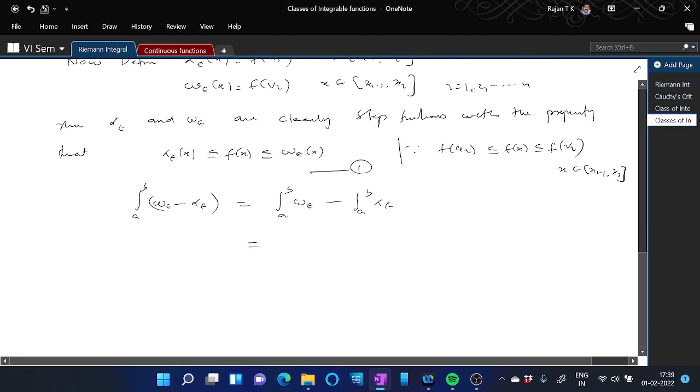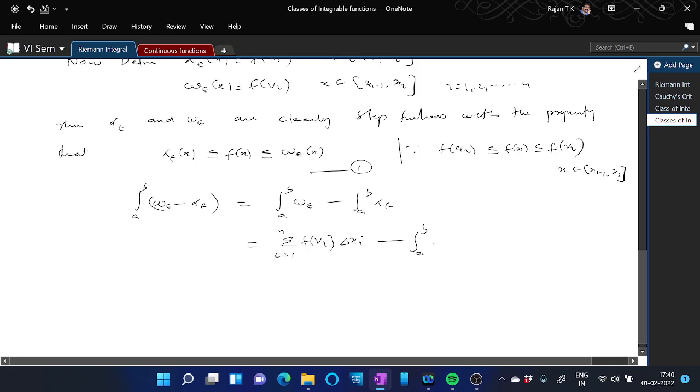By the definition of the Riemann integral of a step function which takes the values f(v_1), f(v_2), etc., f(v_n), the integral a to b of omega_epsilon is the sum over i equal to 1 to n of f(v_i) delta x_i, where delta x_i is x_i minus x_{i-1}, minus the integral a to b.